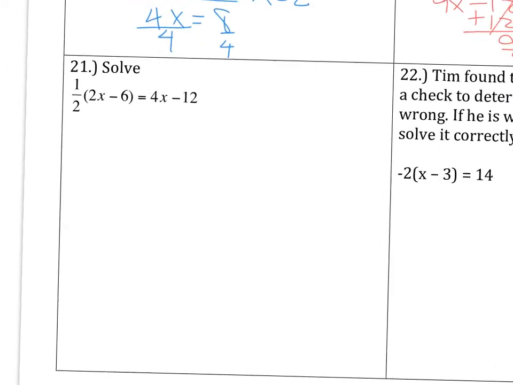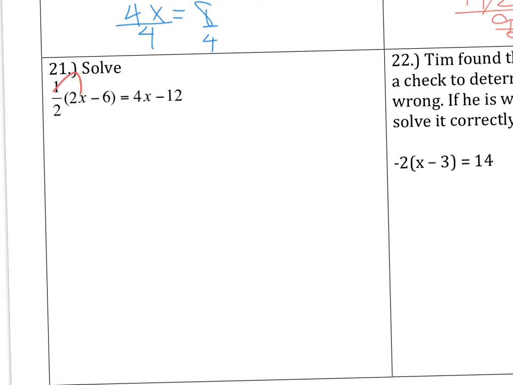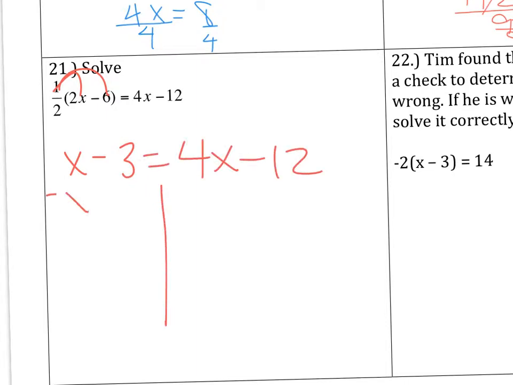Okay. Almost there. 2 more. Okay, fraction. Distribute. Half of 2 is 1. Half of negative 6 is negative 3. I'm going to subtract the x over to the 4.